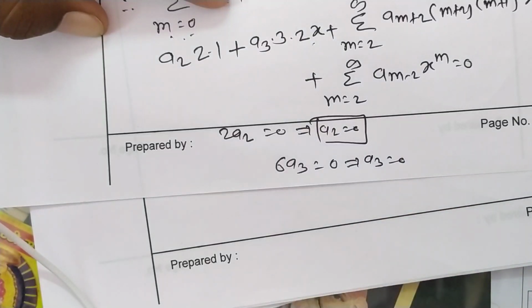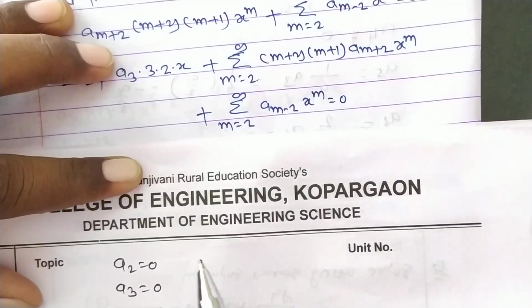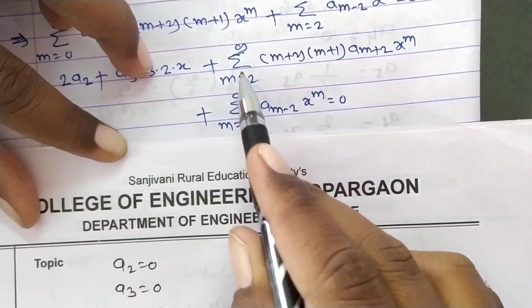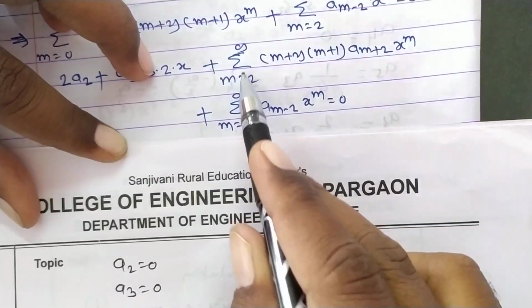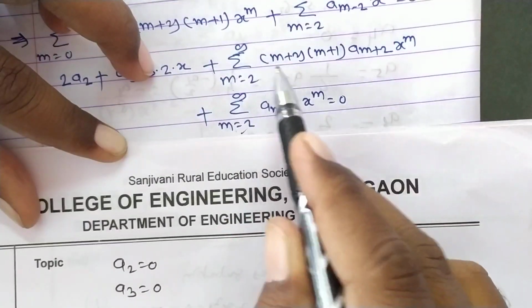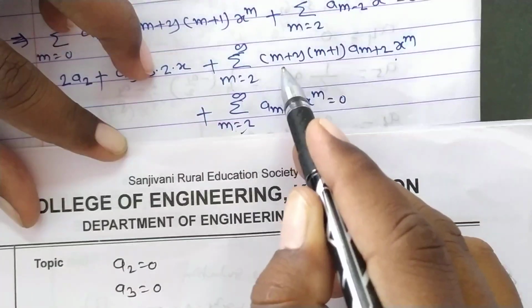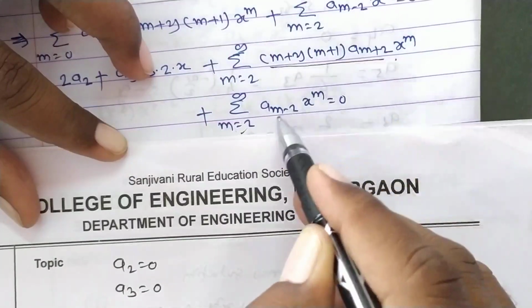Then we have to equate the coefficient of x raised to m. So these are the two series. Here same summation of m varies from 2 to infinity. If we combine this series and if we take x to the power m common, then we will get this term plus this.